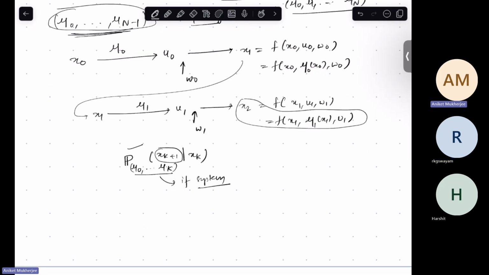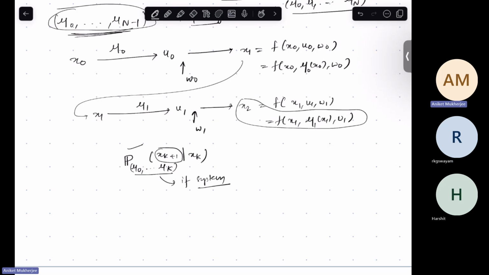It's not clear yet? Does this mean that a policy is given, which has these many strategies, from mu naught to mu k, and under this policy, what is the probability of moving to the state xk plus 1 given xk? Yes. What is the probability that you go to xk plus 1, given you are at xk?